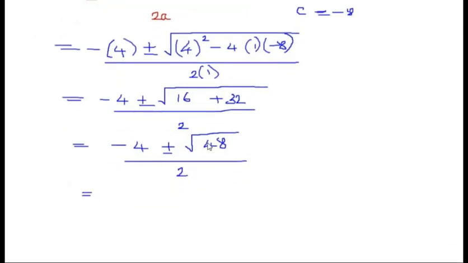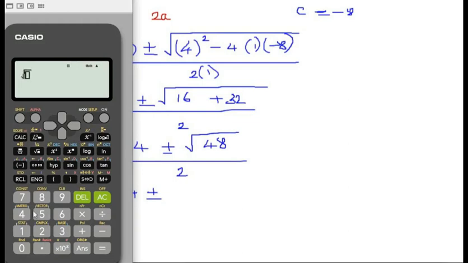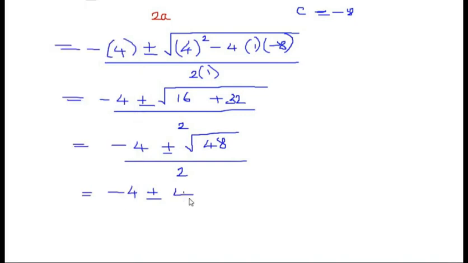So let us see what is the value of plus or minus root 48. So we can write it as square root of 48, which we get as 4 root 3, over 2.